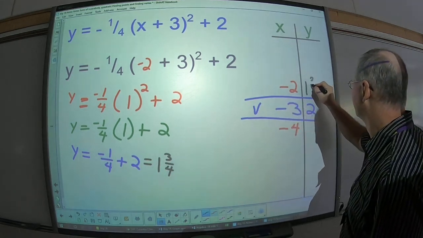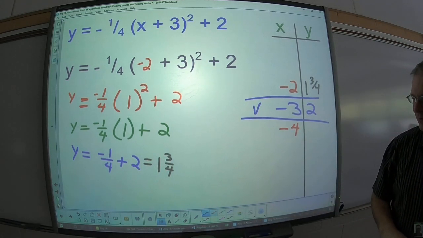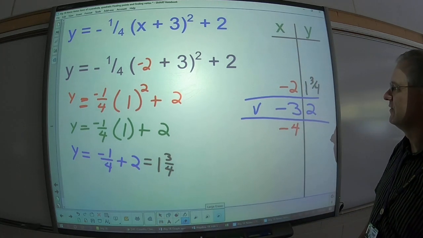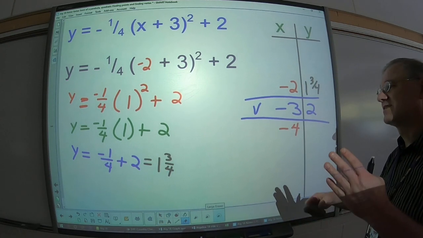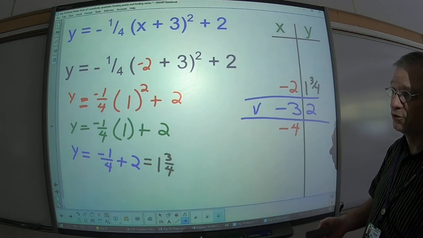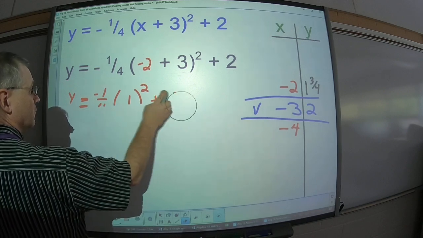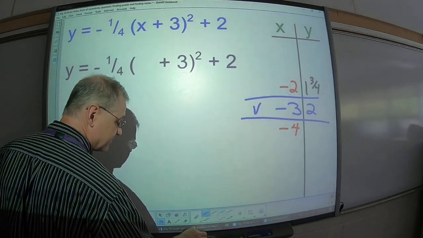That's not really a point that's going to be easy to graph, so that's not really what I want. Let's still do -4 just to prove that it comes out the same, but then I'm going to show you something else.